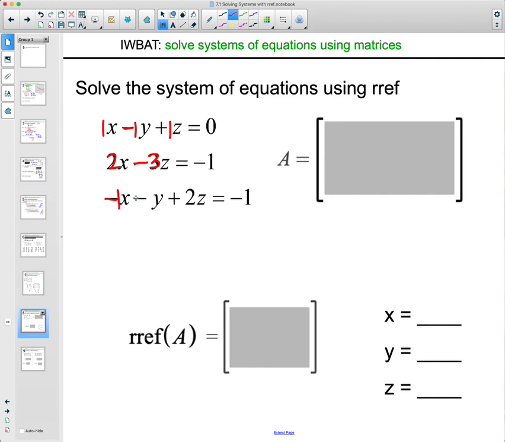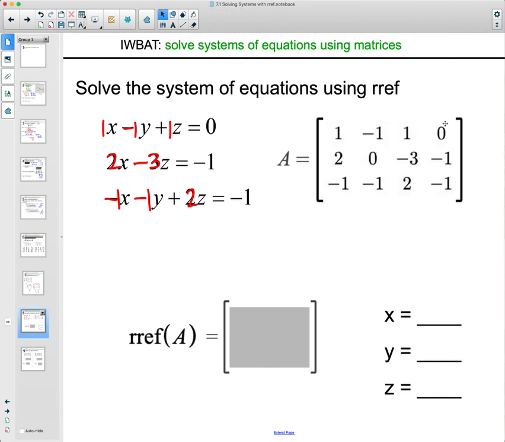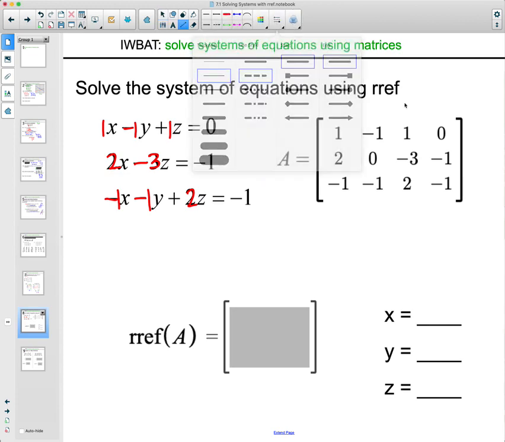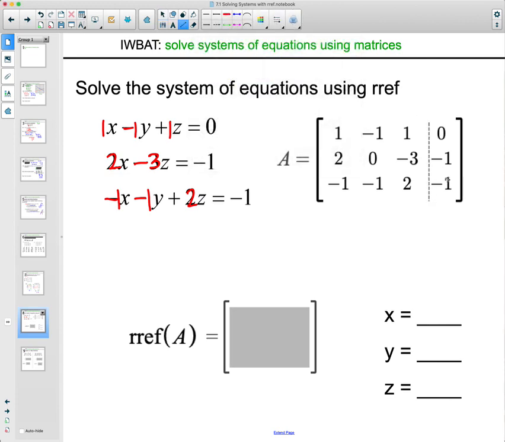Then we have negative 1, 2 for those coefficients. So get that written into your augmented matrix along with the constants.